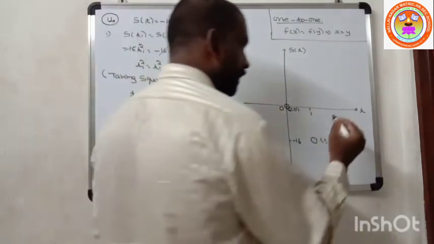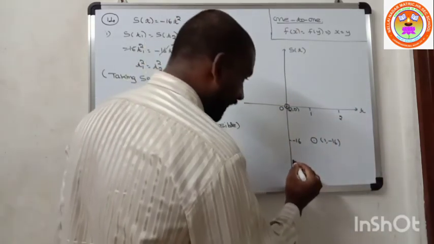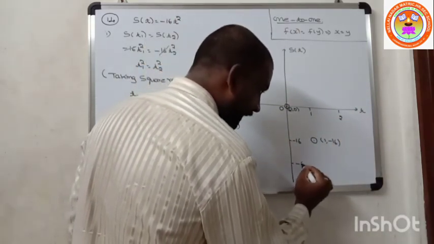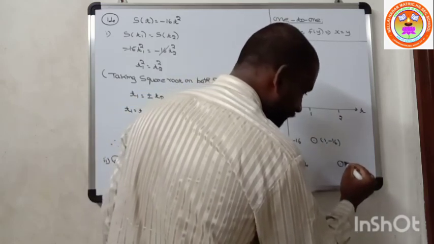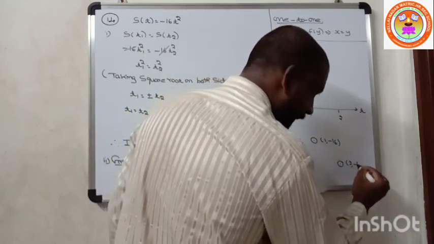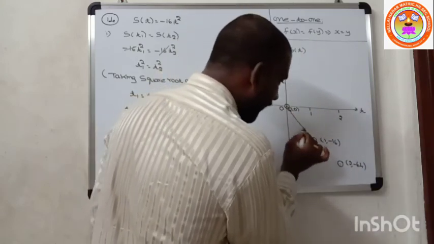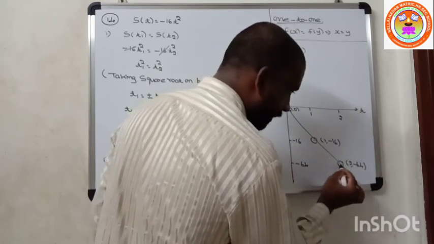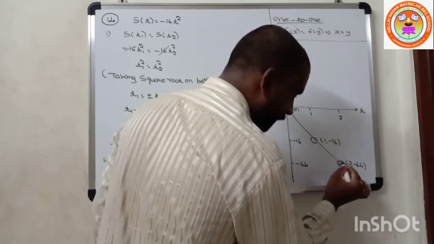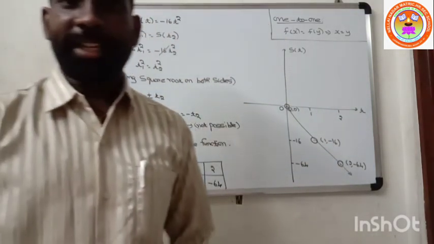T equal to 2, s of t is minus 64, so 2 comma minus 64. Take that scale and join this line. So, thank you children.